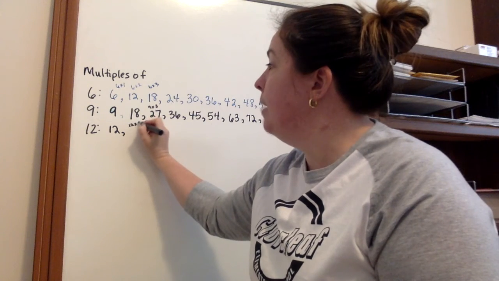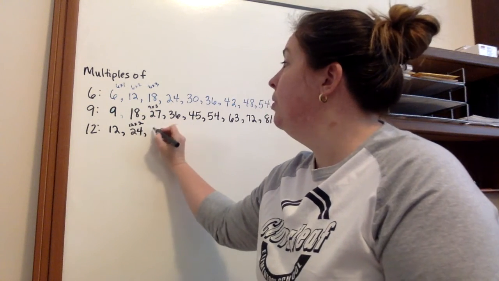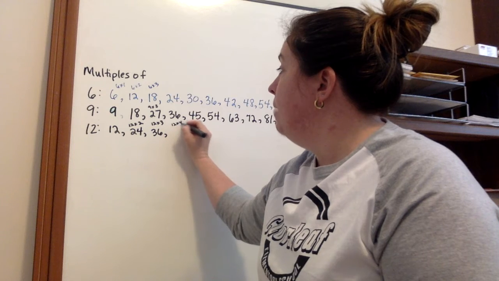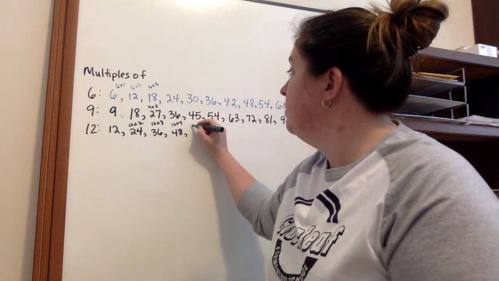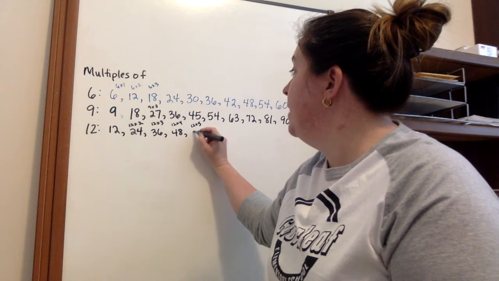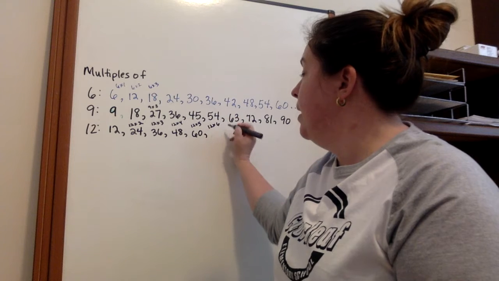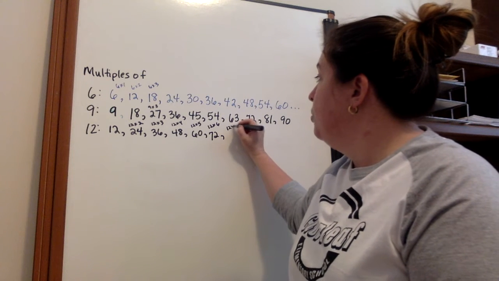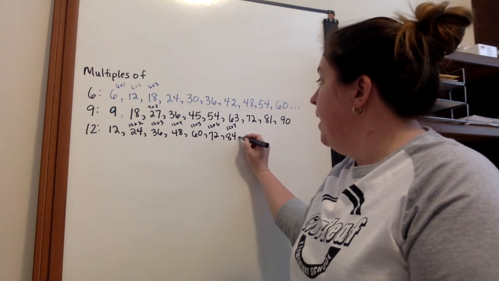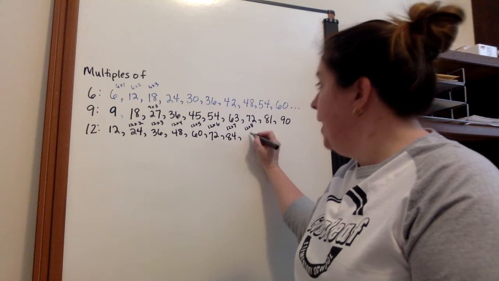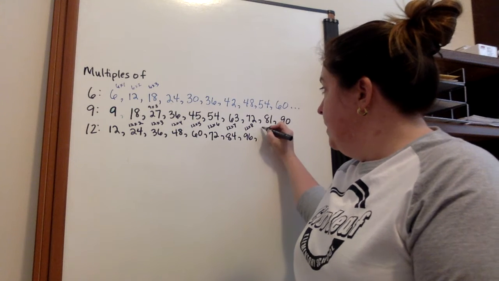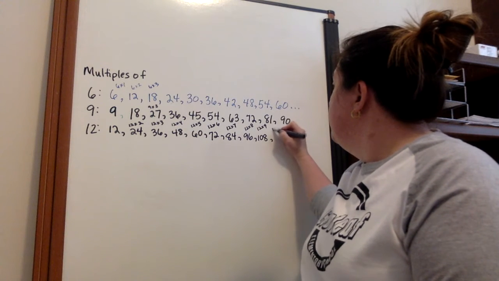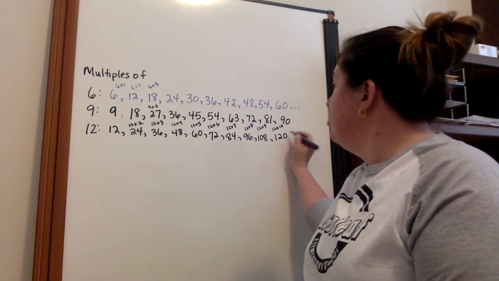Got to think about this. 12 times 2 is 24. 12 times 3 is 36. 12 times 4 is 48. 12 times 5 is 60. 12 times 6 is 72. 12 times 7 is 84. 12 times 8 is 96. 12 times 9 is 108. 12 times 10 is 120.